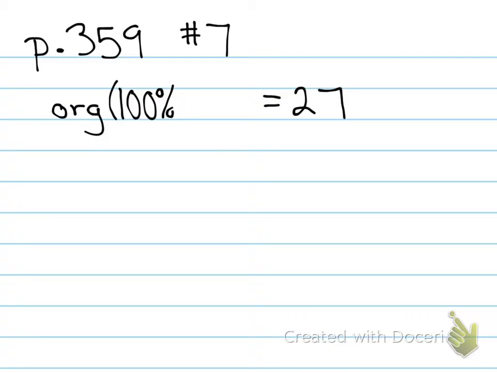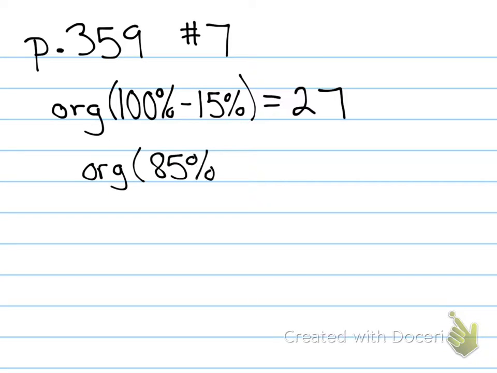I subtract it because it's a discount. What was the percent discount? Minus 15%. Well, what's 100 minus 15? Okay, so it's going to be my original price times 85% equals $27.